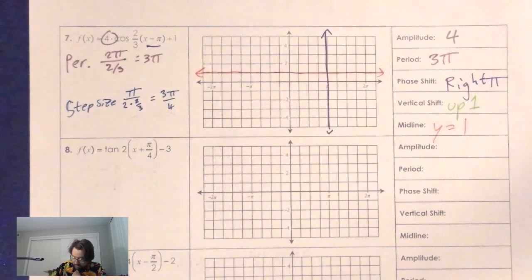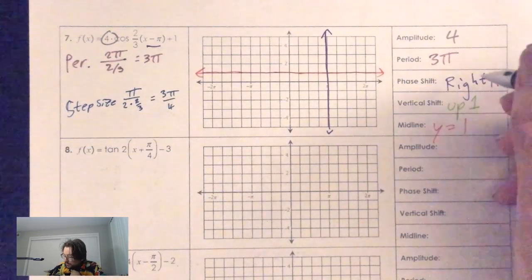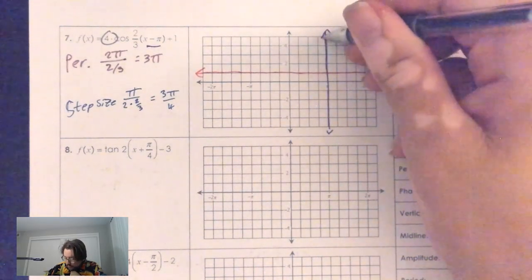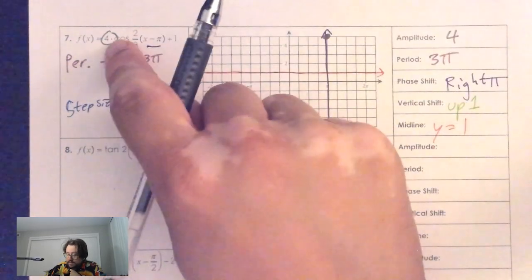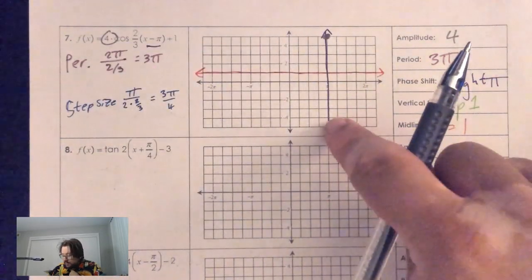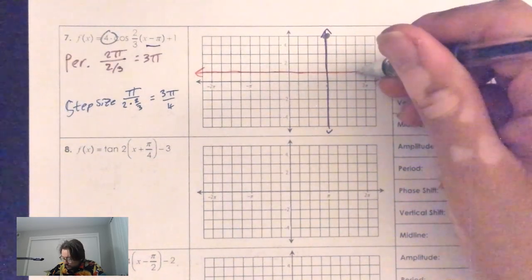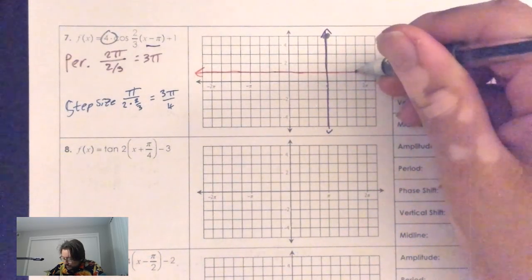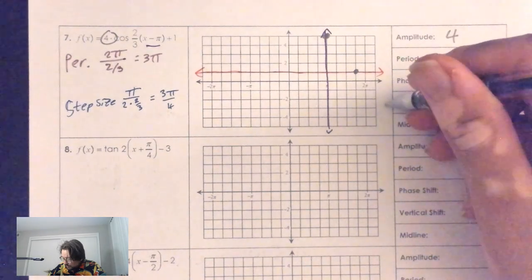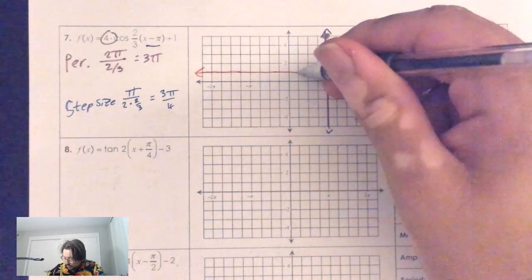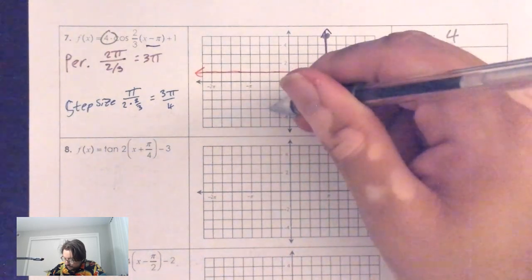Let's draw our graph now. Cosine starts at the amplitude, so that's going to start at positive 4. Or it starts at the a value. If the a value was negative, it would have been down here. And then I go 3 pi over 4. Another 3 pi over 4 would have been down here. Going to the other direction, 3 pi over 4.